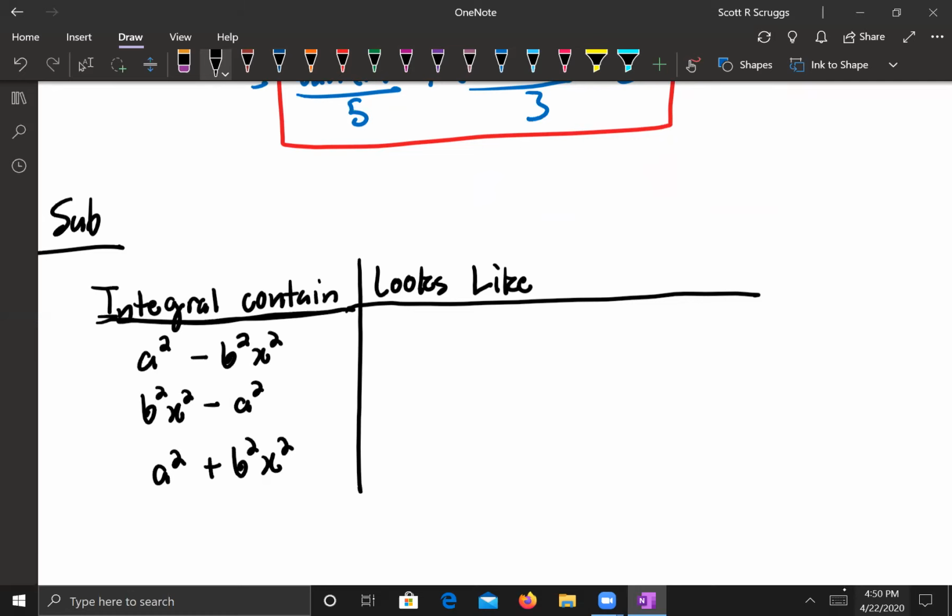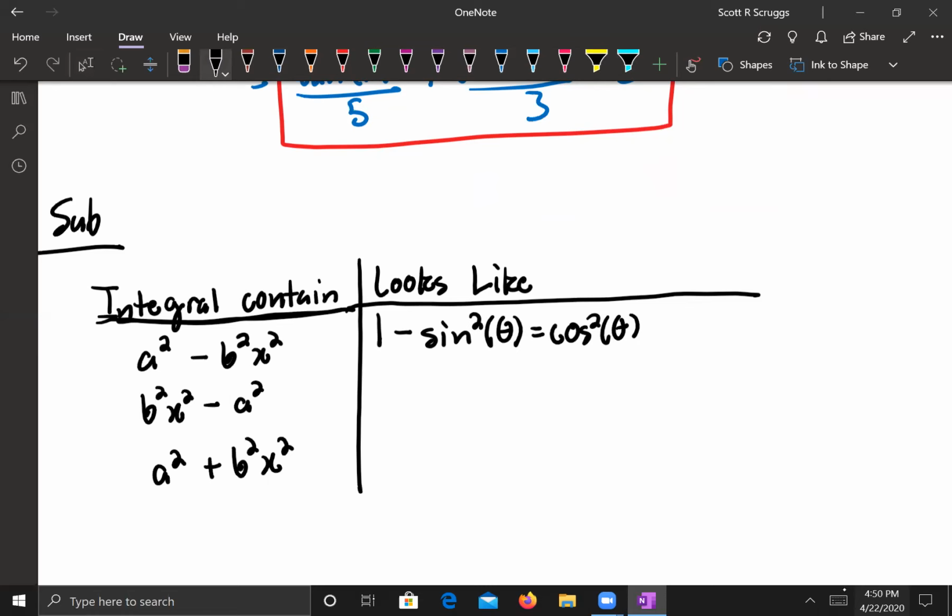If my integral contains the first row, the trig identity that I'm going to marry with that is 1 minus sine squared equals cosine squared of theta.